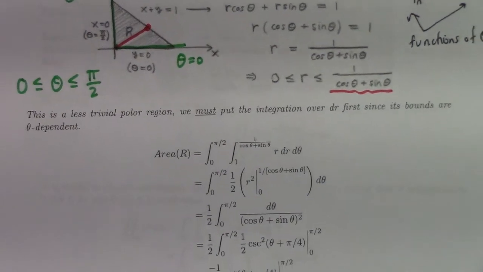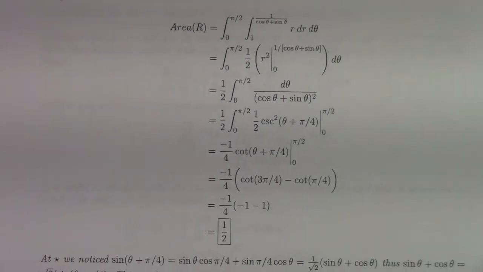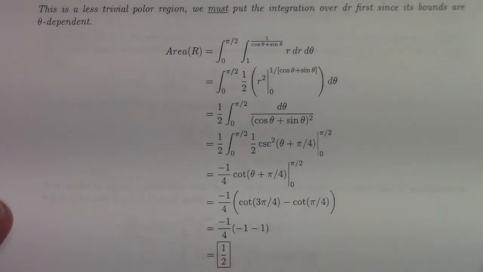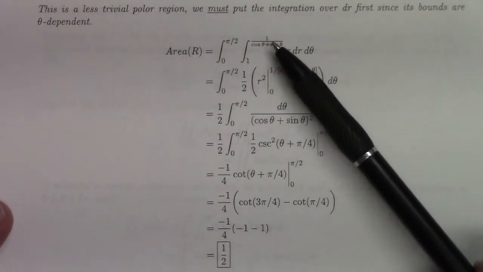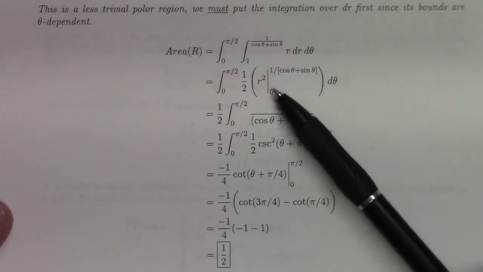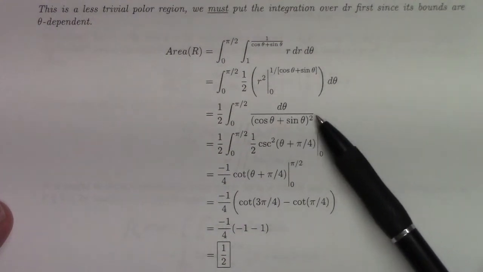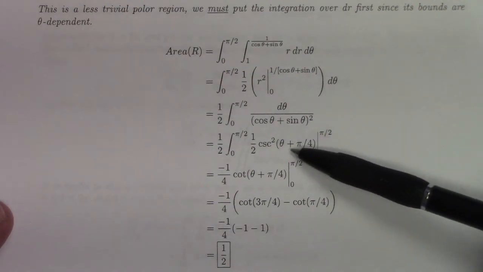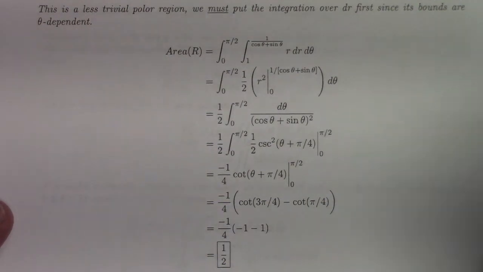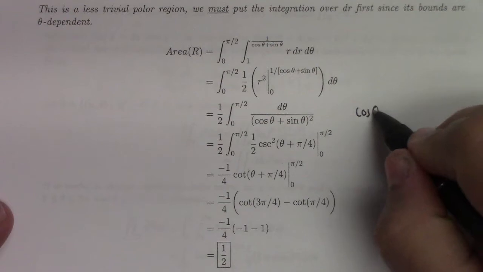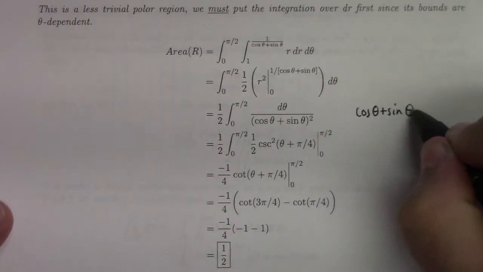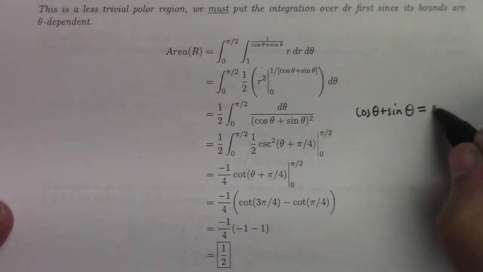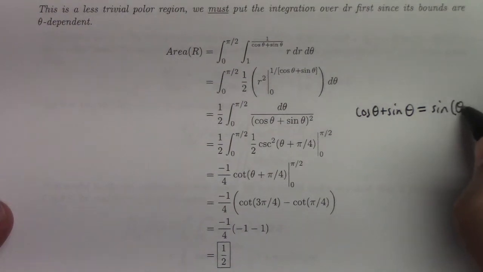And so, if I make good on this problem and do the integral, I've got r dr d theta integrated like that, so the r integrates to r squared over 2, which gives you this. And hey, that's cosecant squared of theta plus pi over 4, because you notice the cosine theta plus sine theta, by the way, fun fact, is sine of theta plus pi over 4.